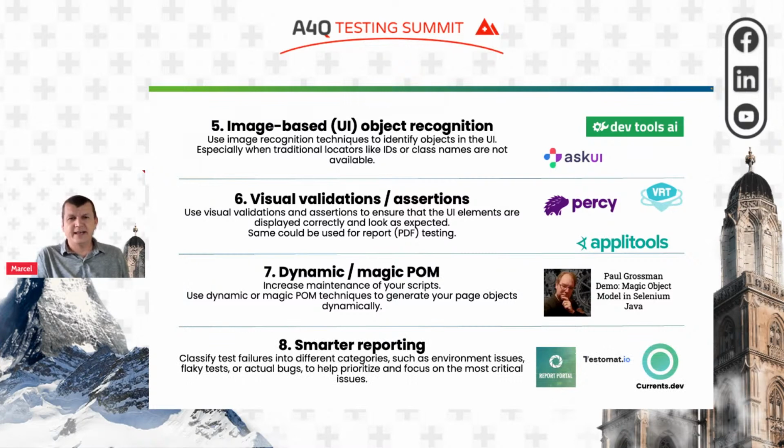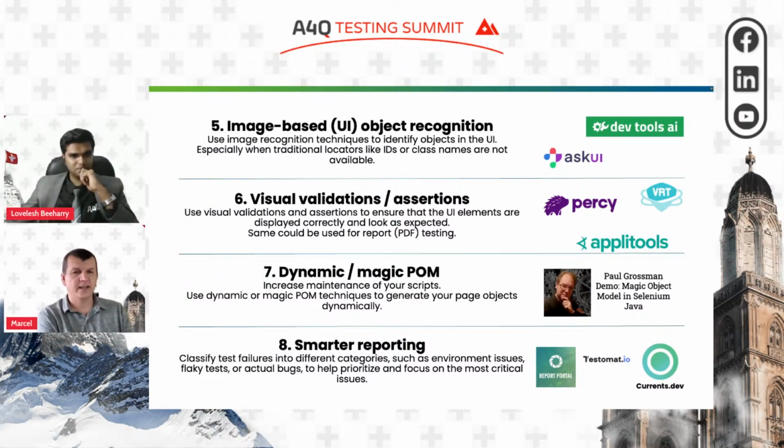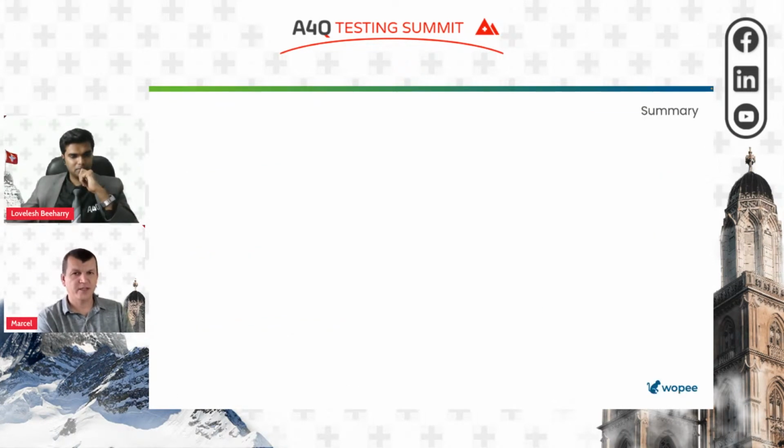And then there is a lot of potential in doing better reporting, because I believe we generate a lot of data from test automation, and we don't use this data. So I believe this is another opportunity for how we could advance and improve our test automation.